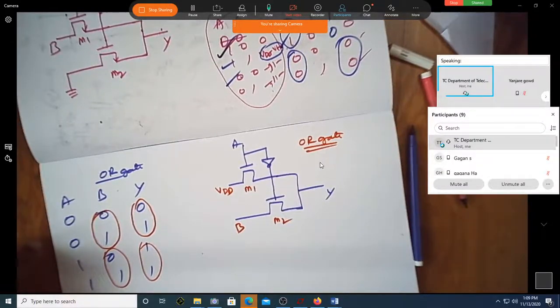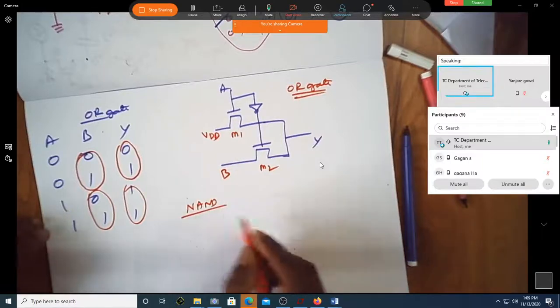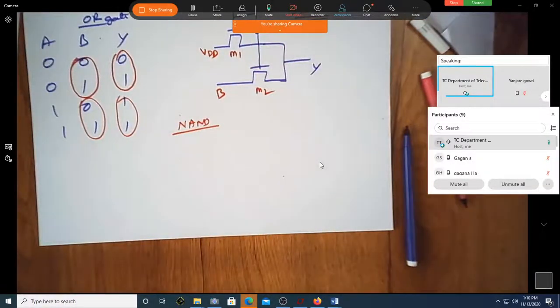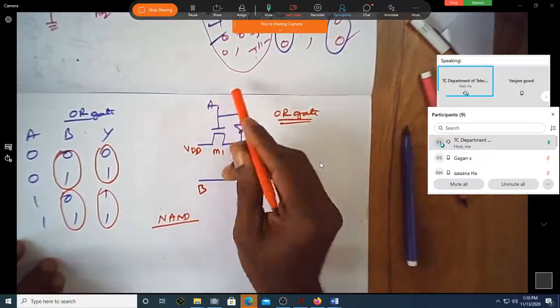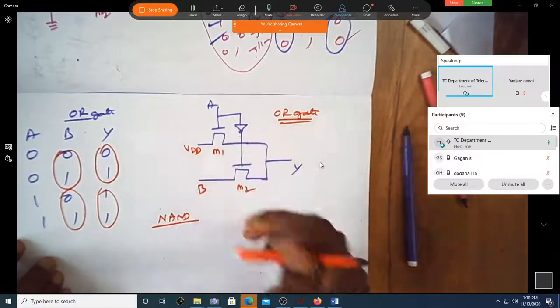Correct? Write it for NAND. Try it for NAND. Got this point? Of course, it is not necessary that you have to have A as the control. You can have B as the control, and of course A can be the input here.